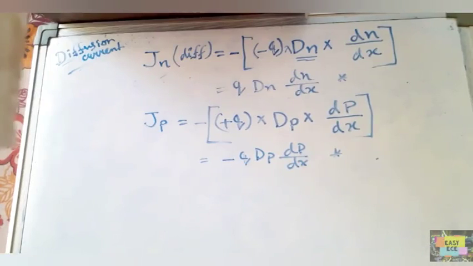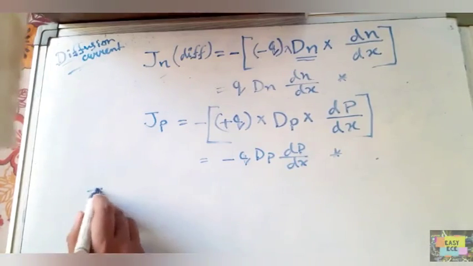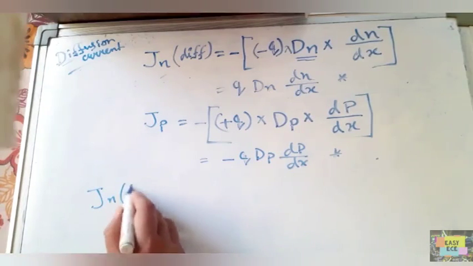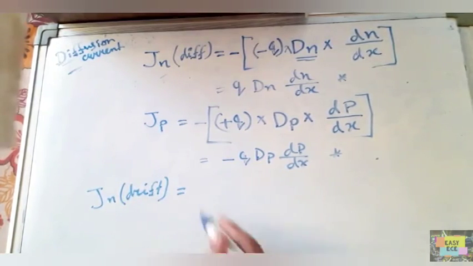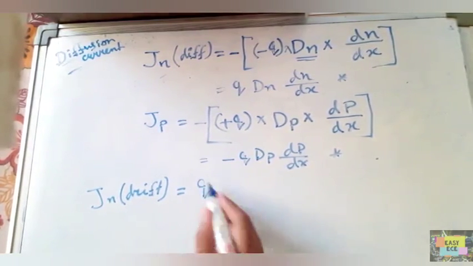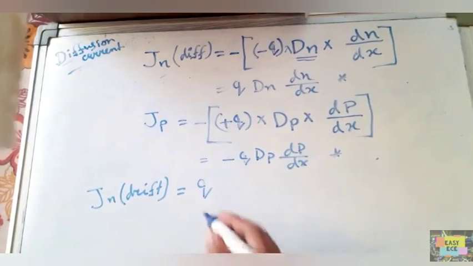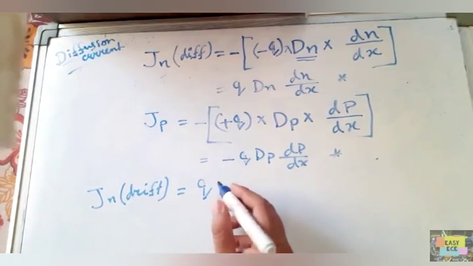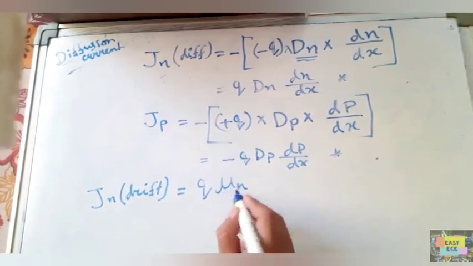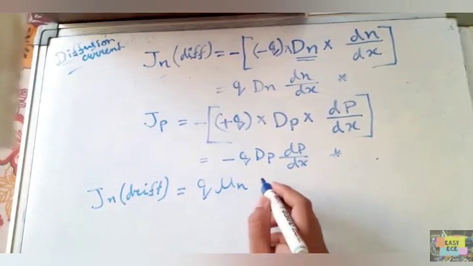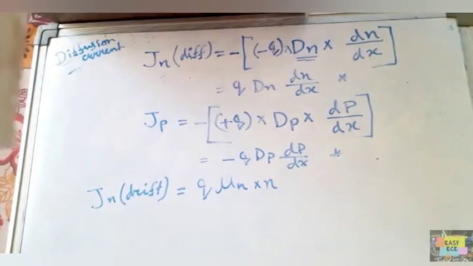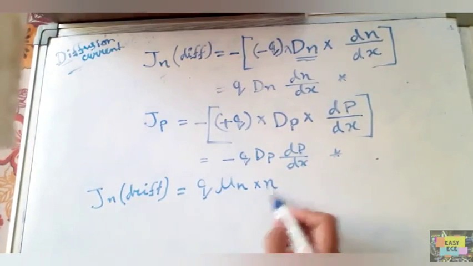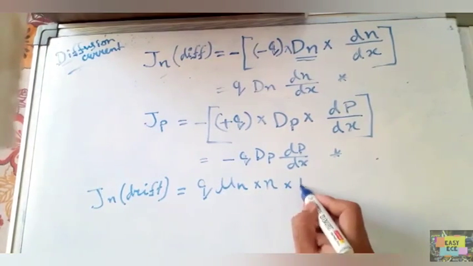Drift current density of electrons, that is Jn drift. For electrons, this is Q, the charge of the carrier, into mu n, the mobility of electrons, into n, the concentration of electrons, into the electric field.